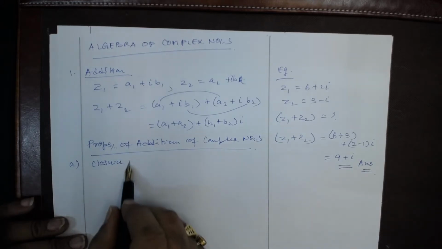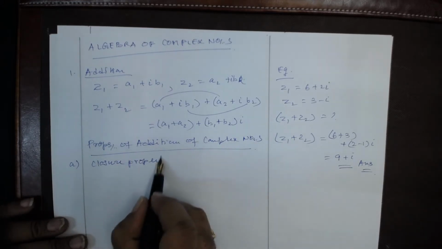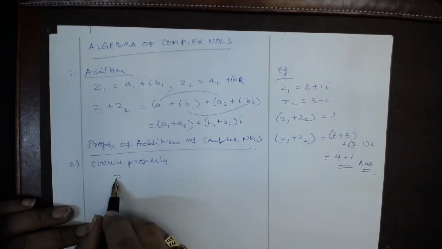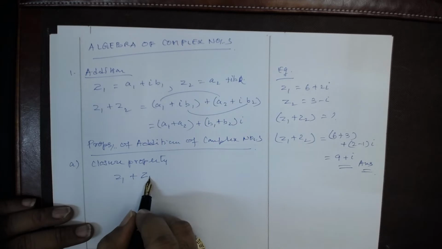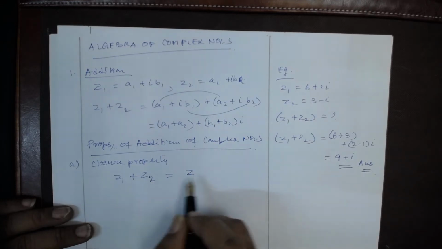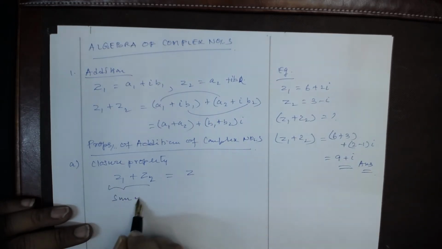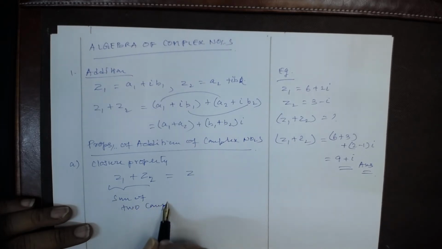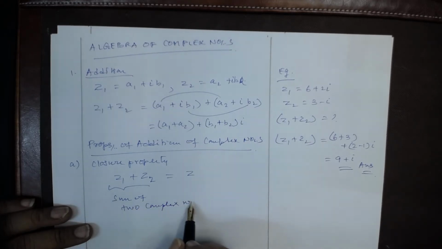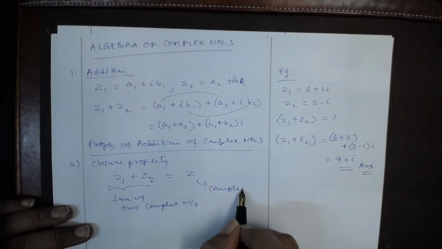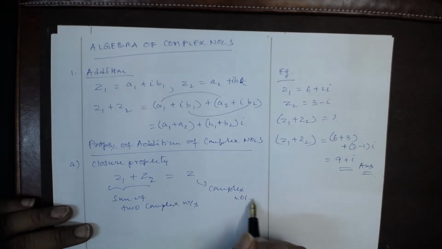So closure property is that Z1 plus Z2, the sum of two complex numbers, results in another complex number. So that also gives a complex number only.